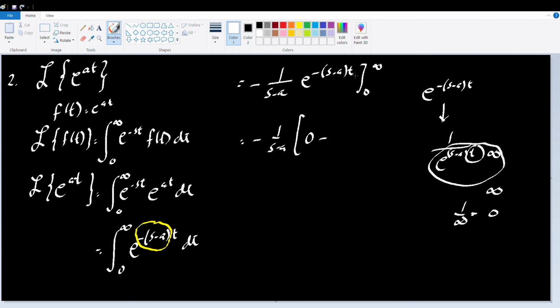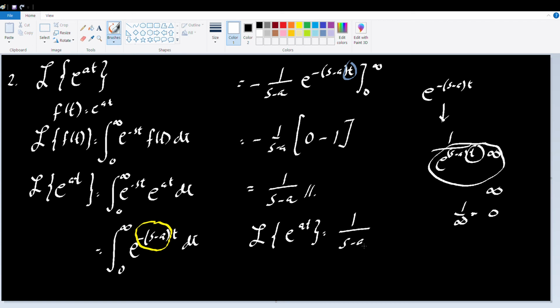Replace t by 0. Everything in the exponent of e will be 0, so e to the 0 will be equal to 1. So negative 1 over s minus a times negative 1 gives us 1 over s minus a. So the Laplace transform of e to the at is equal to 1 over s minus a.